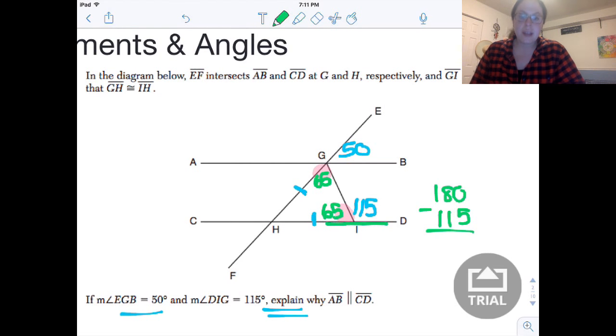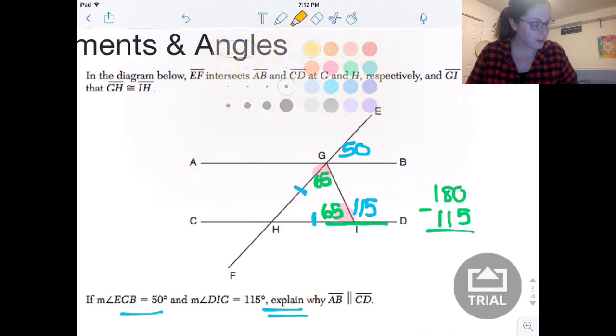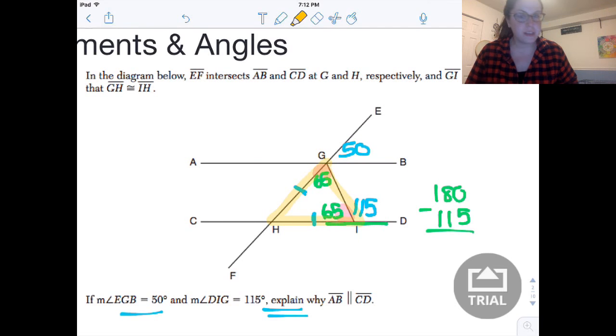And now, here's where you can really stop and think. I see here, let me change my color, a triangle, and I know that the angle sum of any triangle is 180 degrees. So I know that these two base angles are each 65. So I'm going to figure out this angle right here, angle GHI.